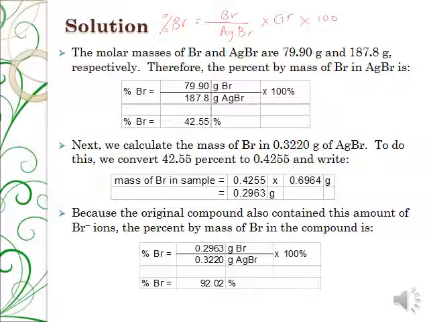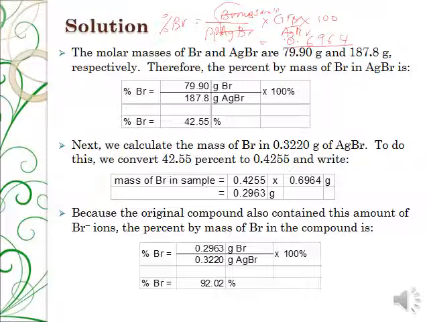So here the mass of the precipitate is 0.6964. Let's say we put this as the gravimetric factor of bromine and silver bromide. So here we put the mass of analyte over the mass of precipitate.